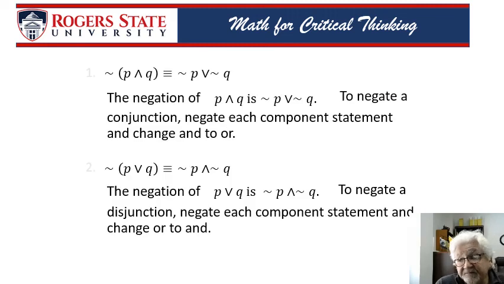So, a couple of the rules we live with: not (P and Q) is the same as not P or not Q, and not (P or Q) is the same as not P and not Q. So basically all it says is negate all the things that are in there, and change the ands to an or and the or to an and.